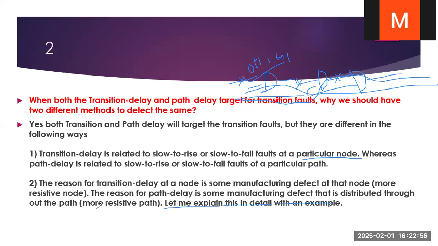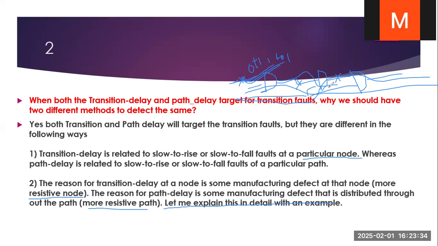So now it is a more resistive path, more resistive to a particular node. In case the transition delay is related to this particular node only, if you do the transition delay first, the path is not defined by us, so it will take the critical path or some other path that we don't know.